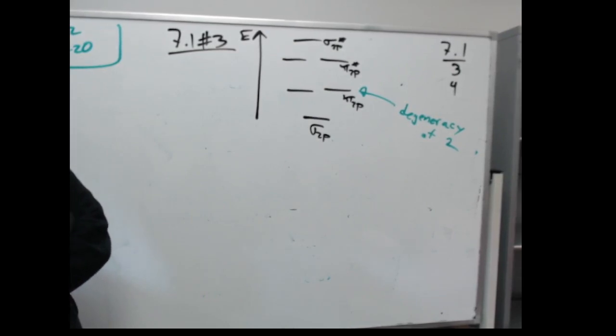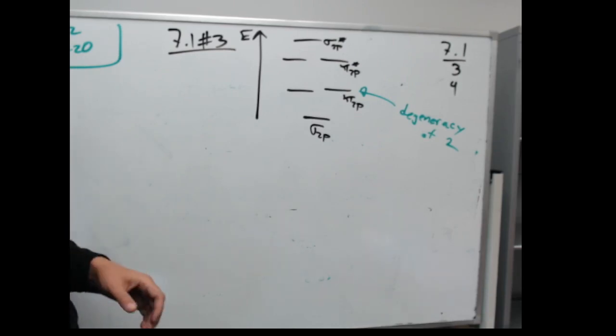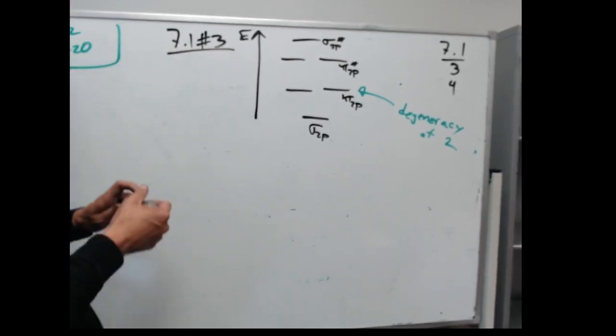And that'll come up again in the little bit of time we're going to spend on ligand field theory, where transition metals will have multiple degenerate energy levels. We've actually had a lot of degenerate energy levels in the past, but we've just never called it that.